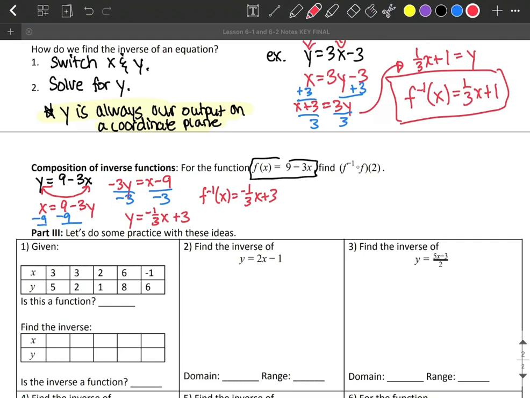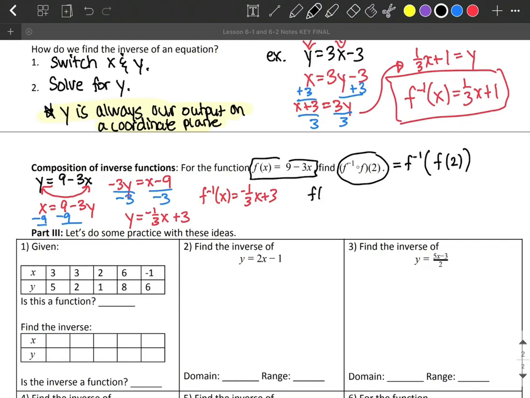What I want to do is start with the inverse of f of x of f of 2. If I rewrite it, I'm plugging f of 2 into the inverse of f of x. So I'm going to start by doing f of 2.